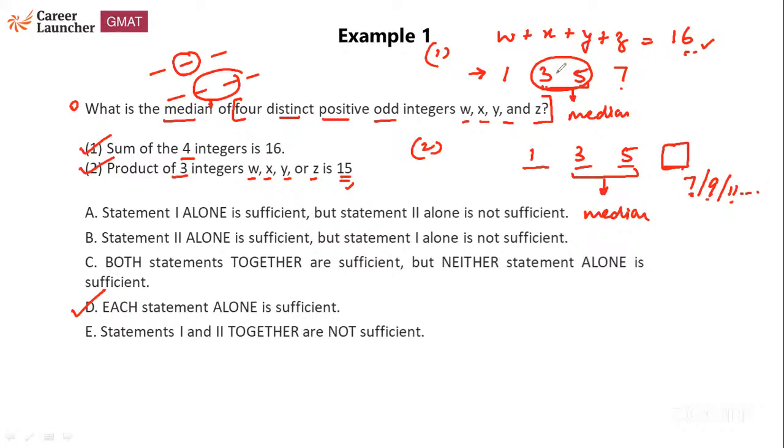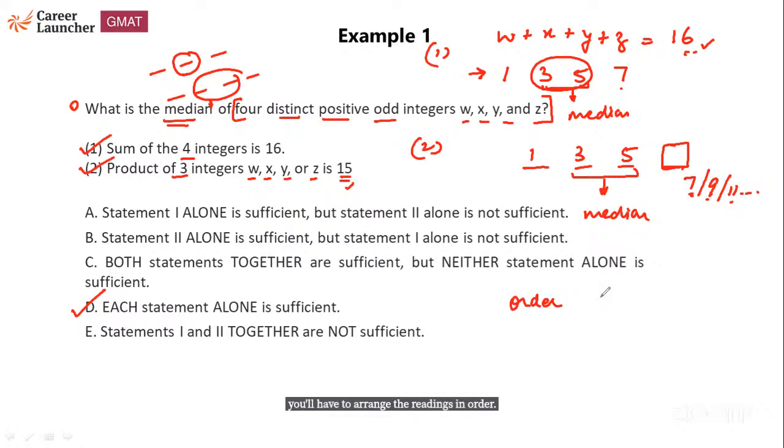So start creating cases. The more cases you can create, the closer you get to the correct answer. Komal says, why are we writing 1, 3, 5 in ascending order? Okay, Komal, to find the median, remember, whenever you are asked to find median, you'll have to arrange the readings in order.